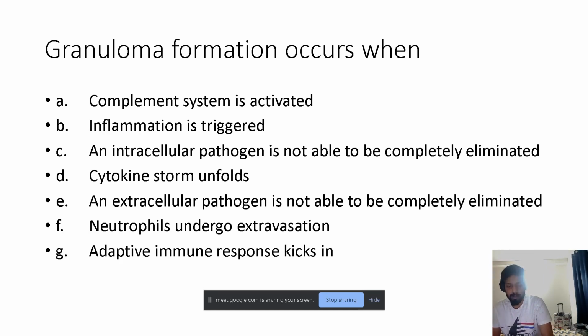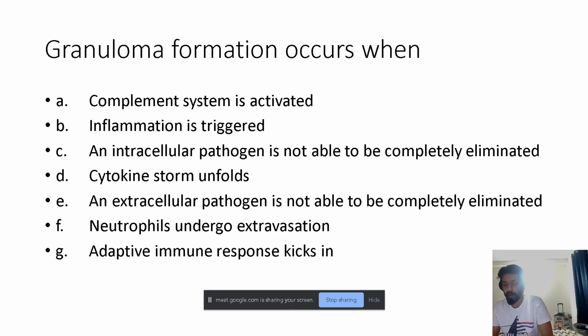So the macrophage is not able to kill it off. It will display a distress signal. As a result, other immune cells can read this distress signal and form a wall around this infected macrophage, isolating it from the body. So that's how a granuloma forms.